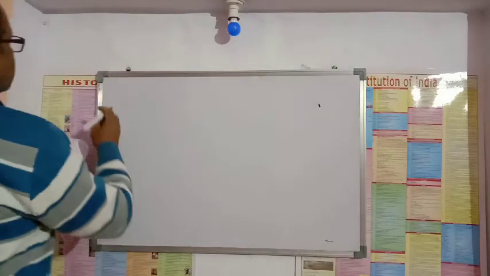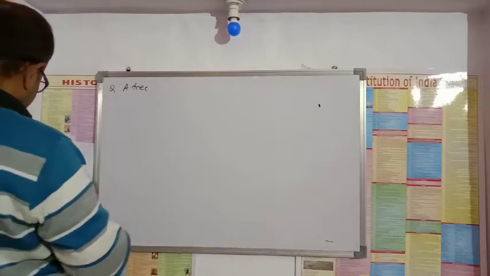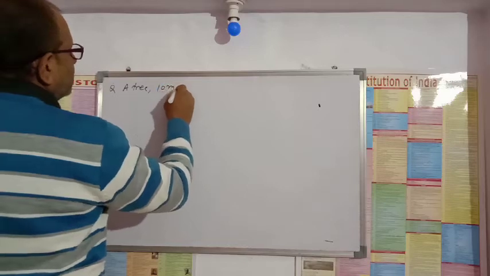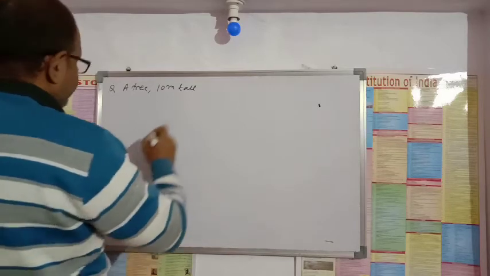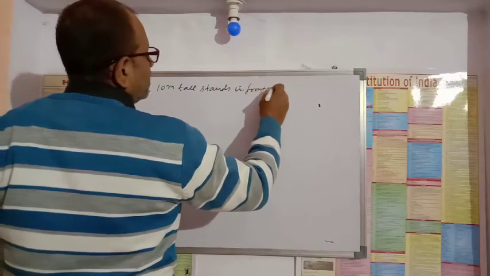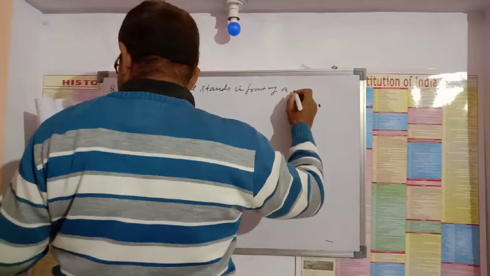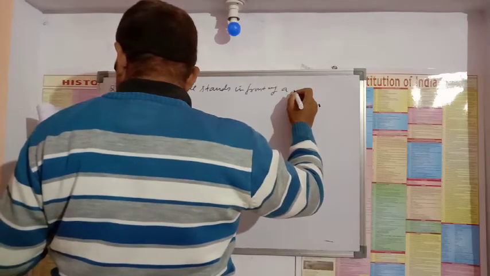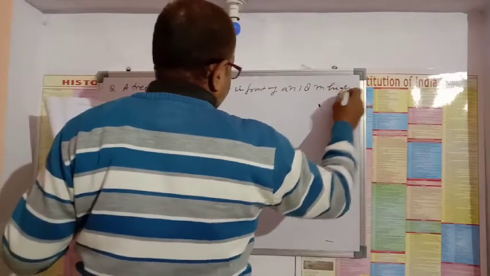Let us see one more question. A tree 10 meter tall stands in front of an 18-meter high building.